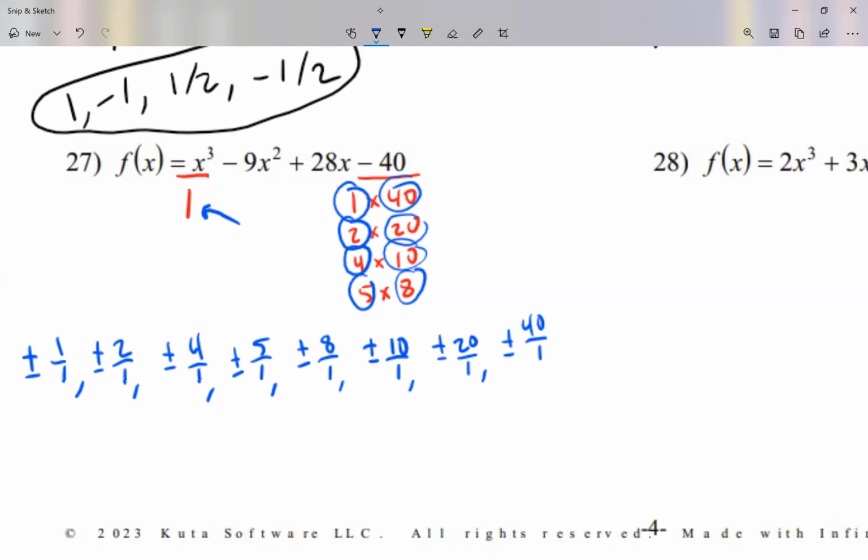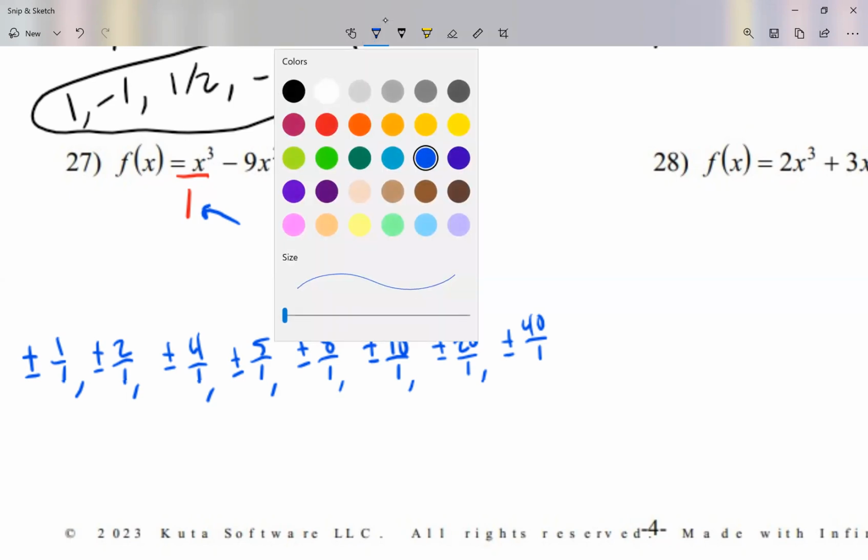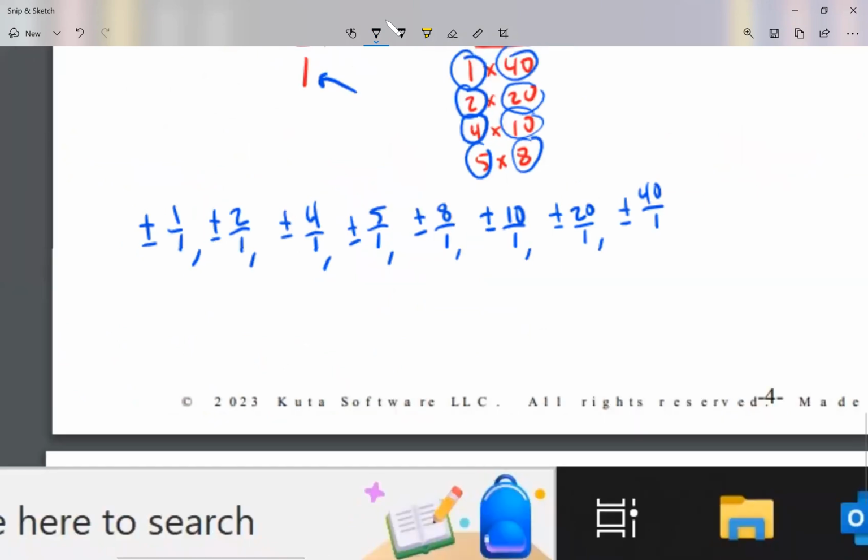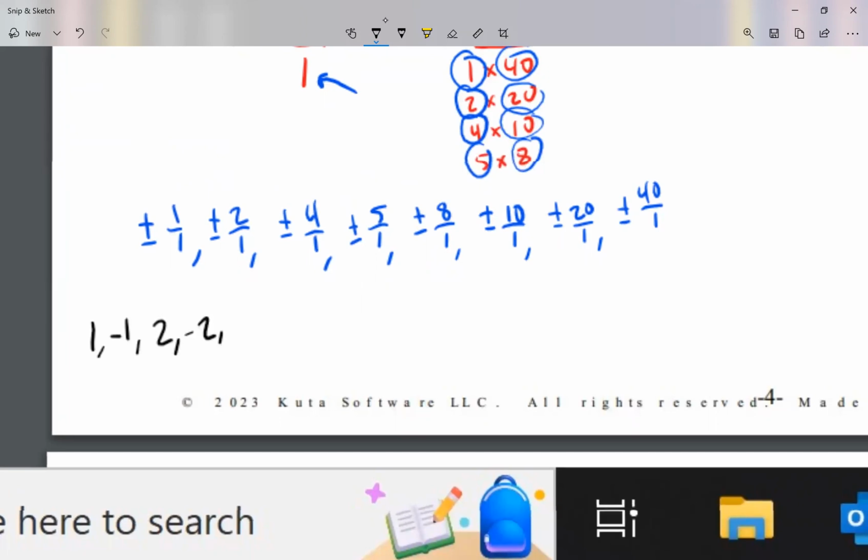Now, I think we can agree that none of them are going to be a fraction, right? Because they're all over 1. So let me just write my solutions. Positive 1, negative 1. Positive 2, negative 2. Positive 4, negative 4.